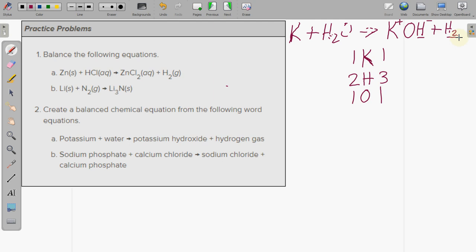So if I add a 3 right here, that gives me 6 hydrogens, but it also gives me 3 oxygens. If I'm going to at least have 3 here, that gives me 3 potassiums, 3 oxygens, and 5 hydrogens. Okay.